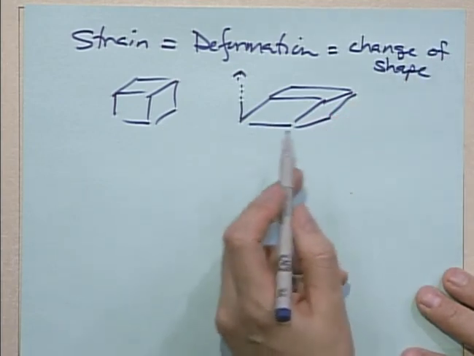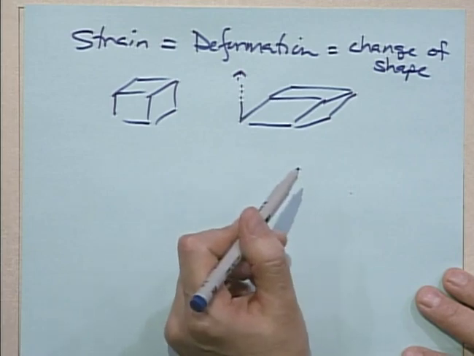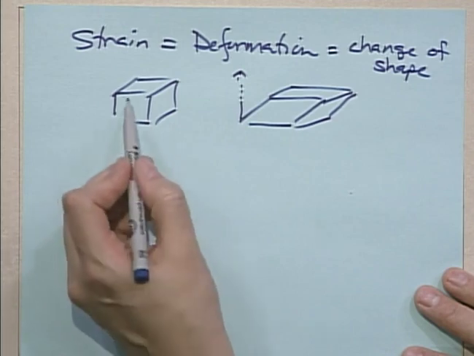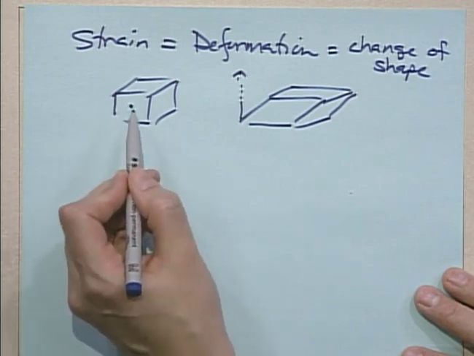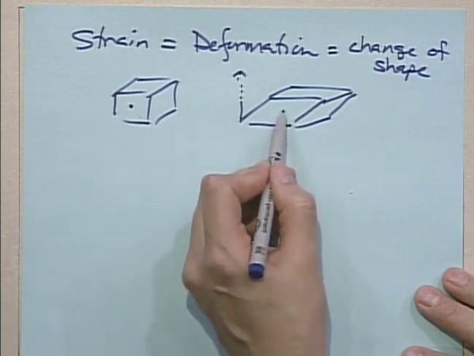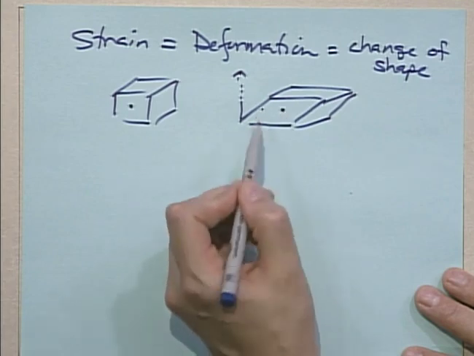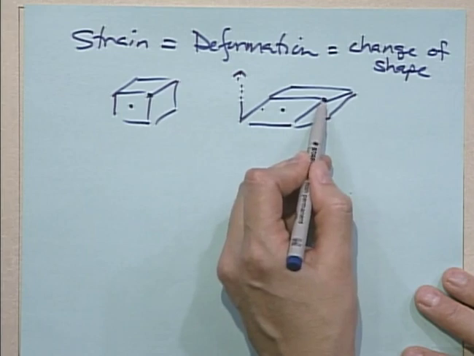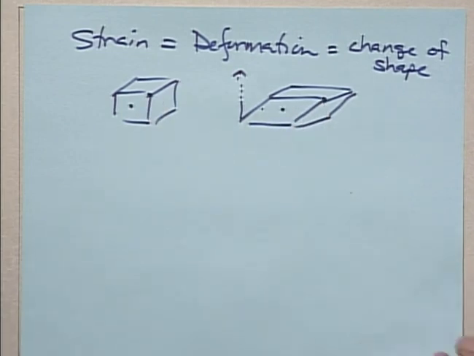So in order to define the change of shape, we have to pick a method for following material particles from one place to the other. So the particle that was, say, in the center of this cube is now over here. It used to be maybe back there. The particle that was here in this corner is now up in this corner, etc. So that's why we get into the business of following particles around, because we're trying to define strain.